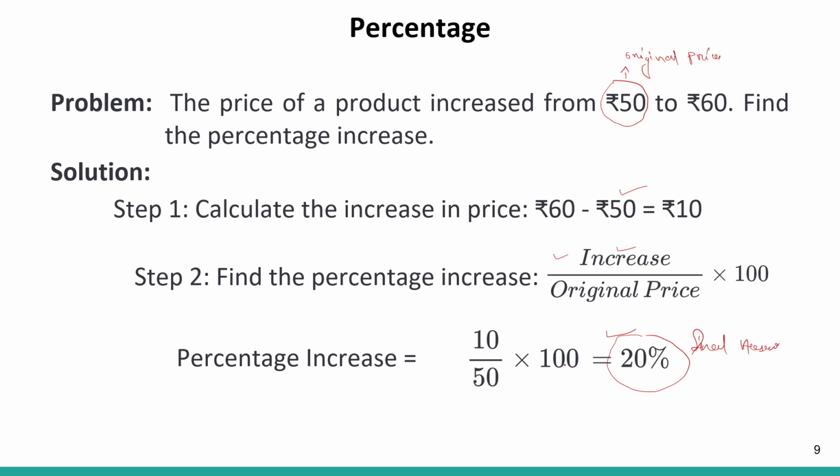The price of that product was increased from 50 to 60, and we wanted to find the percentage increase. So we calculate the increase in price, 60 minus 50 is equal to 10, and then the percentage increase is equal to increase by original price into 100.